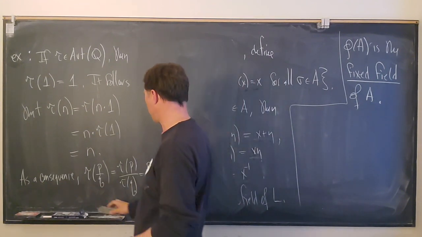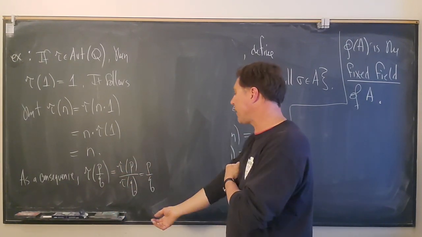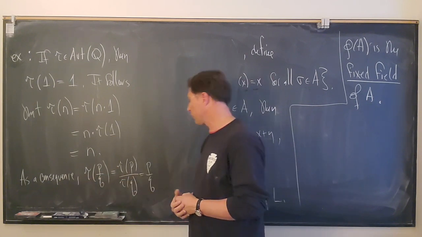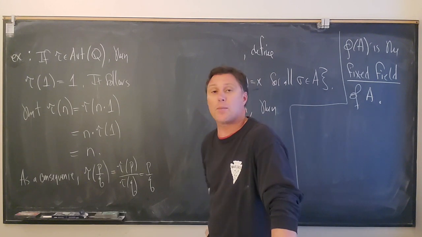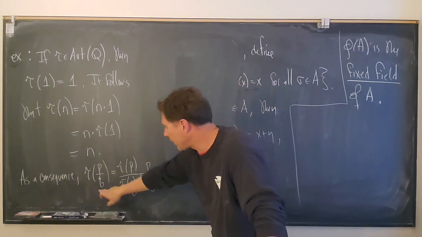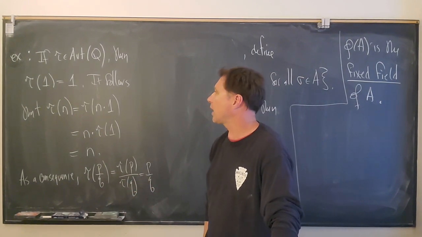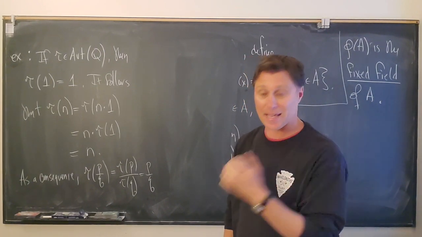It should really be tau of p times tau of 1 over q, but if you wade through the details, it's quick and easy to show that tau of p over q equals p over q. In other words, what does this say? If we take an automorphism of Q, it has to send every element of Q to itself. In other words, the only automorphism of Q is the identity mapping.